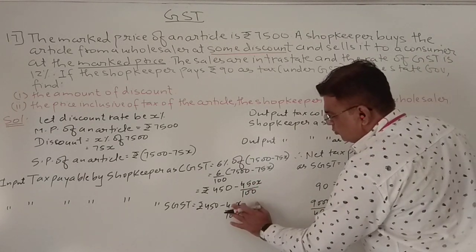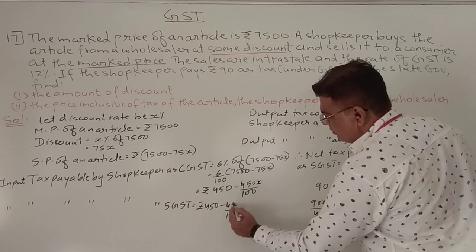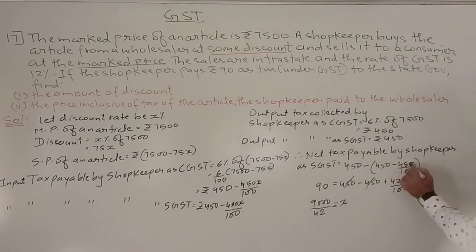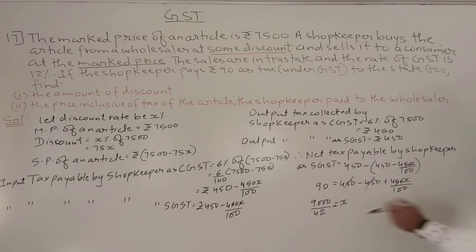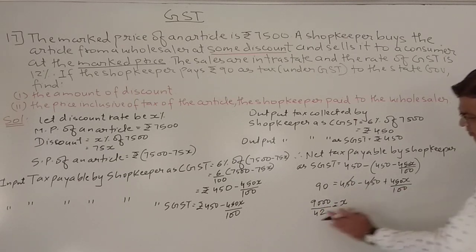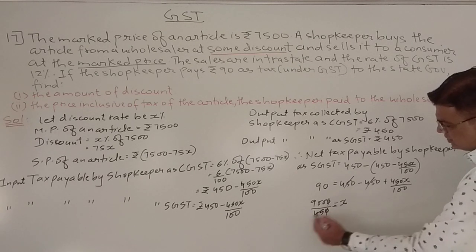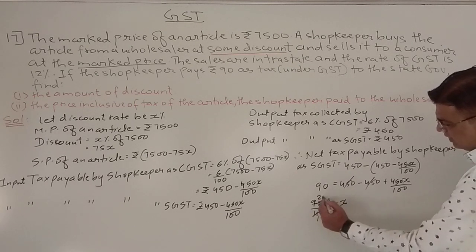Everywhere it will be 450x upon 100. So here also it will change to 450x. So now here this 100 will go. So 3 zeros will come, and here 450 will come. So the 0 cancels, 45 ones are 45 and 45 twos are 90.